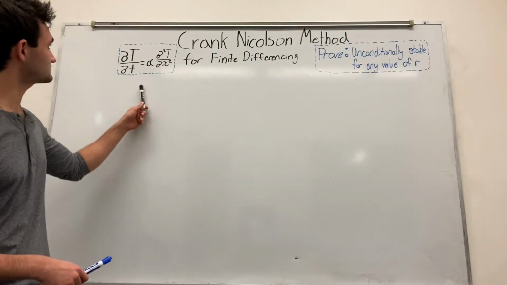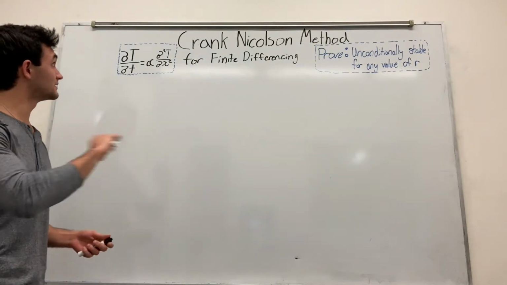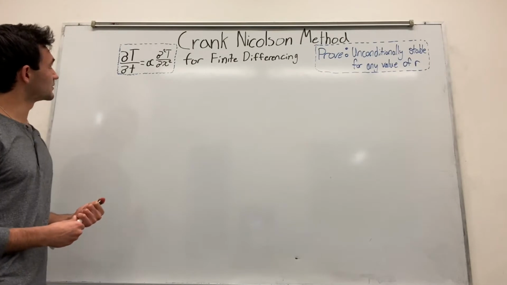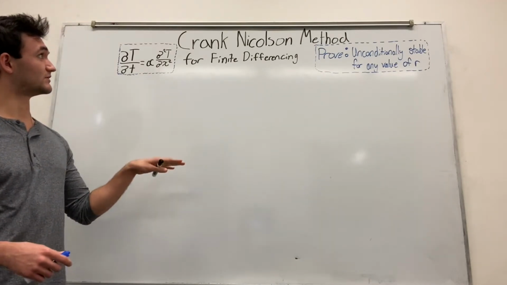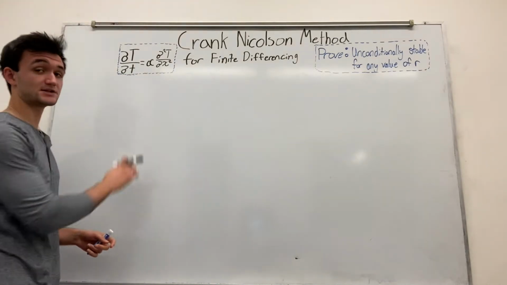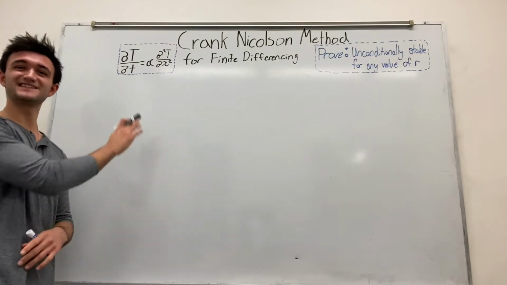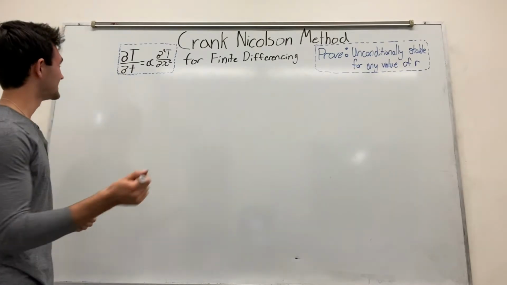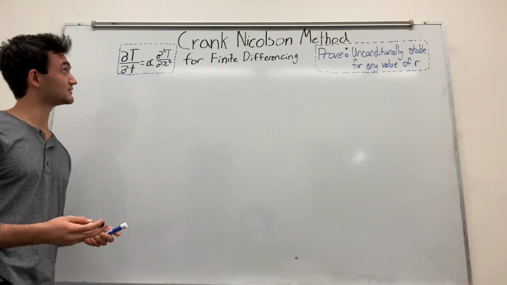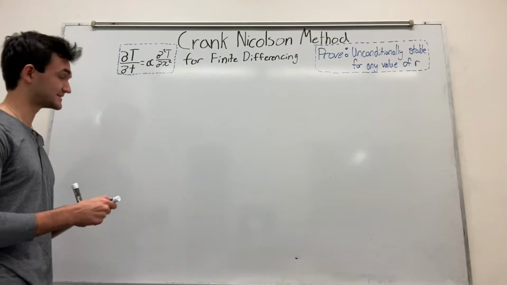So, starting off with the heat diffusion equation for just one dimension, just the x-plane, we're going to be applying a similar method to what we did in the previous video, where we expand this change in temperature over change in position, and change in temperature over change in time. I'm going to use the same notation as previously, where J corresponds to position and N corresponds to time.